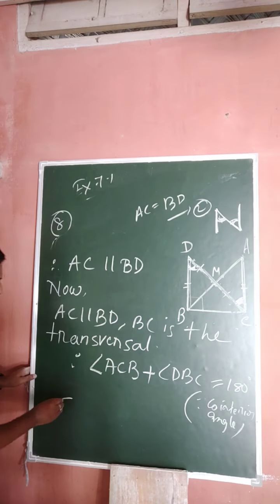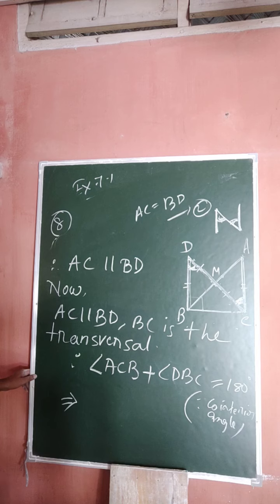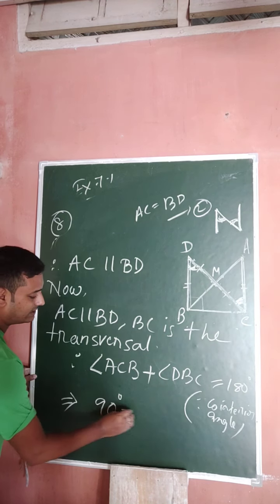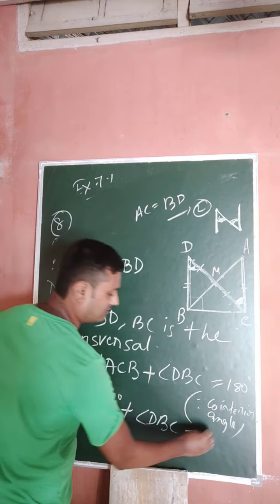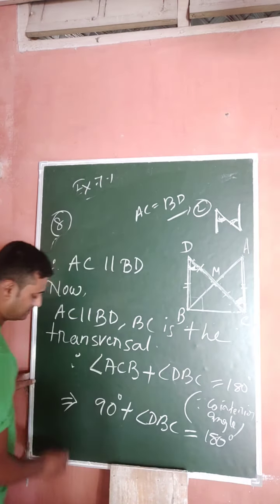Okay, but the value of ACB is given to us, which is 90 degrees. So 90 degrees plus angle DBC is equal to what? 180 degrees.